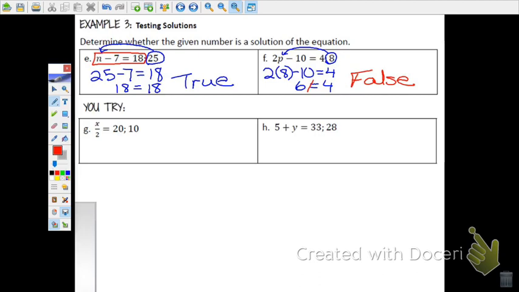So we go ahead with this next one. We put the 10 in place of the variable x. 10 divided by 2 is how much? 5. So it is not equal to 20.